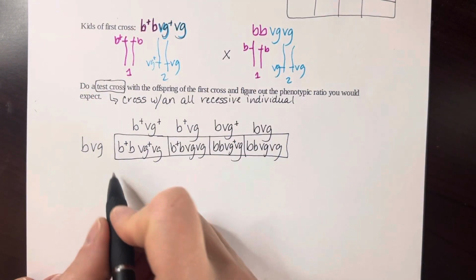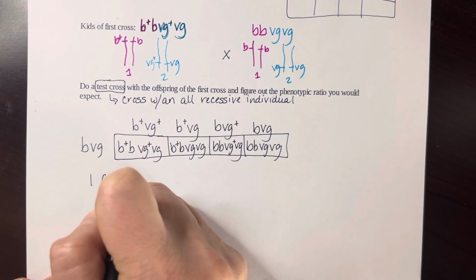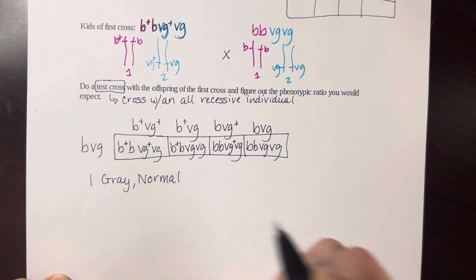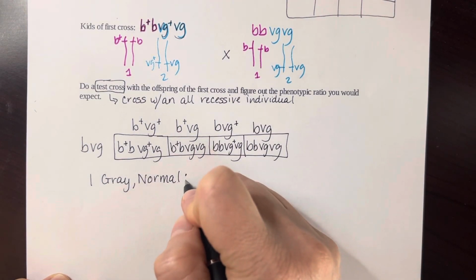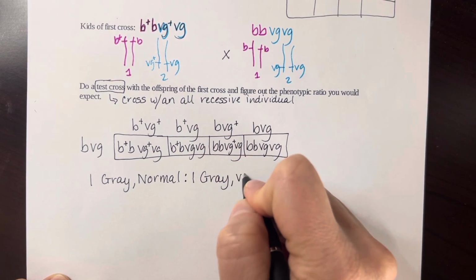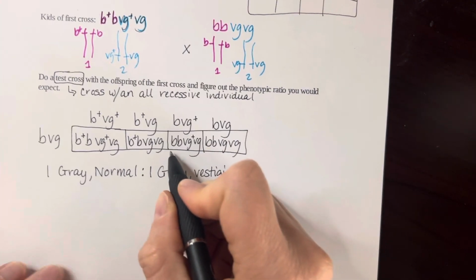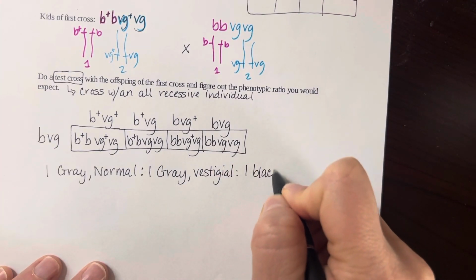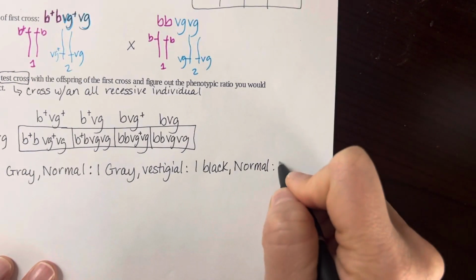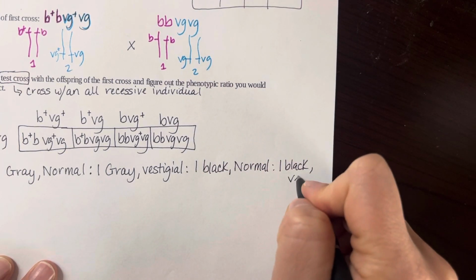Okay, so hopefully you paused that and did that. You should have gotten this one. We get 1 gray with normal wings, to this one, 1 gray with vestigial wings, to this one here, 1 black-bodied with normal wings, to 1 all recessive black with vestigial wings.